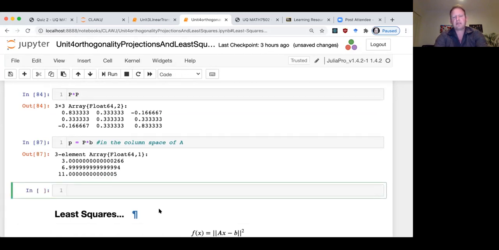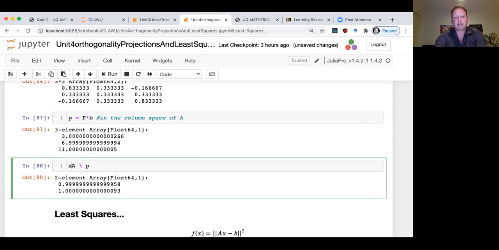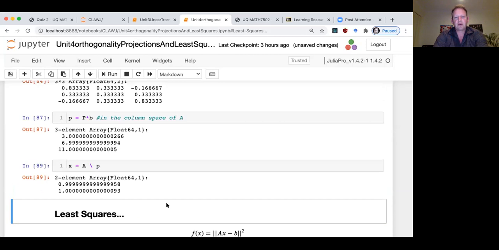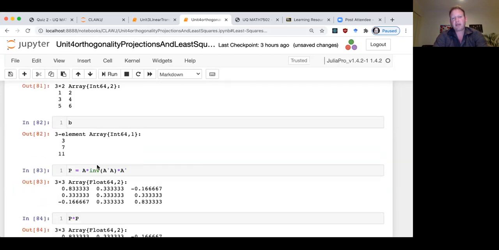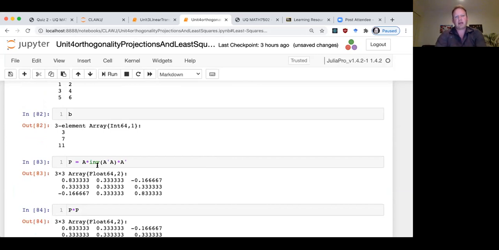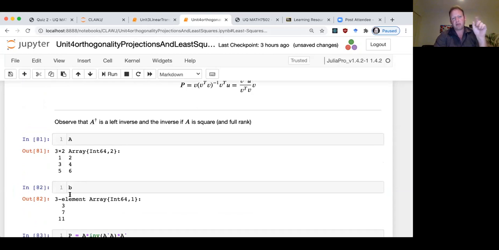What I'll do is use the backslash operator, A divided by P. I hope I'm doing this correctly. Yes. And let's call this x hat, just x. So what I've solved here is a system of 3 equations and 2 unknowns, because A is 3 by 2 and B is 3 by 1.